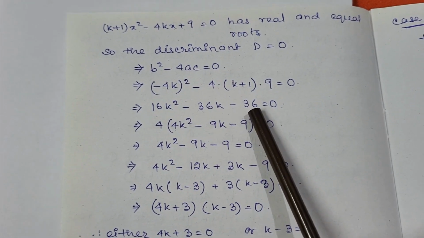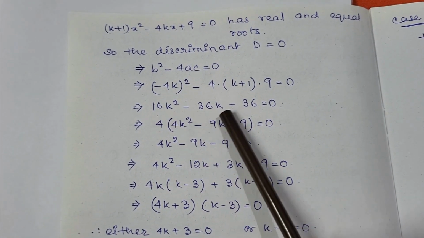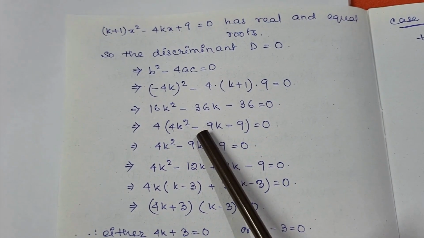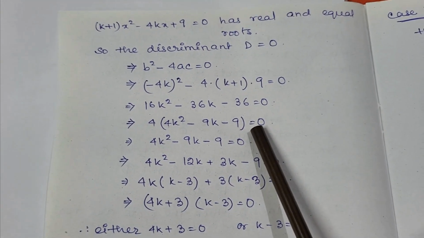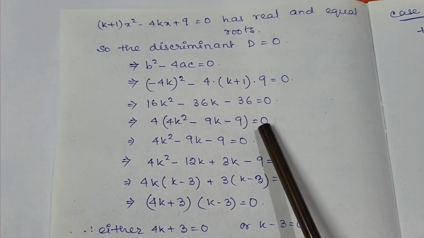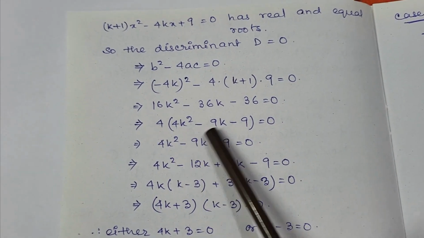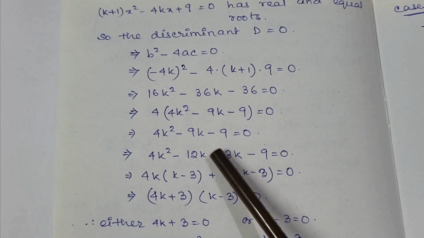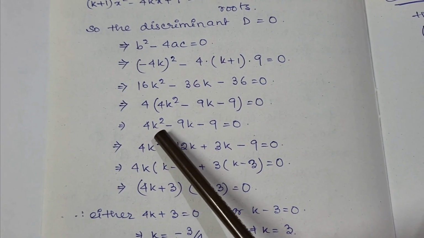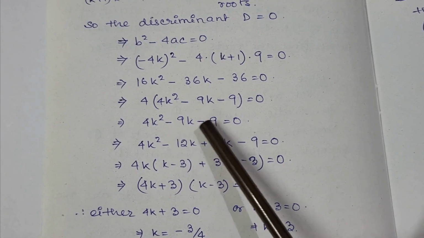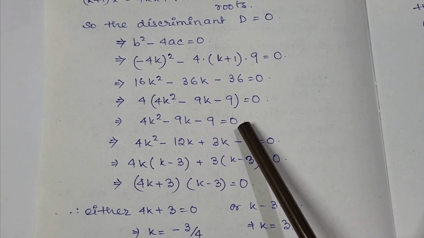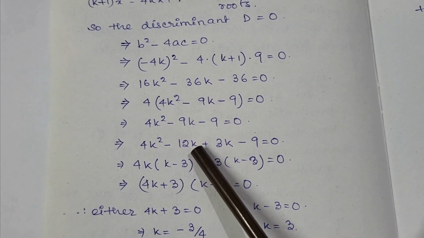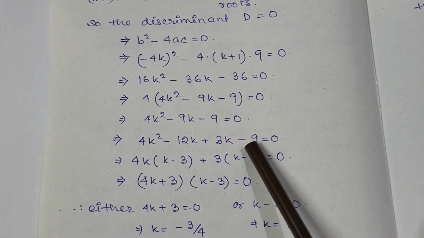We get a 36. Now taking 4 common from this whole thing, we get 4 into (4k square minus 9k minus 9) is equal to 0. Since 4 is not equal to 0, we can cancel 4. So we are left with 4k square minus 9k minus 9 is equal to 0. Now writing minus 9k as minus 12k plus 3k, we get this.